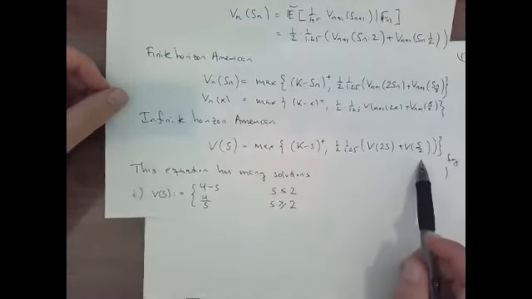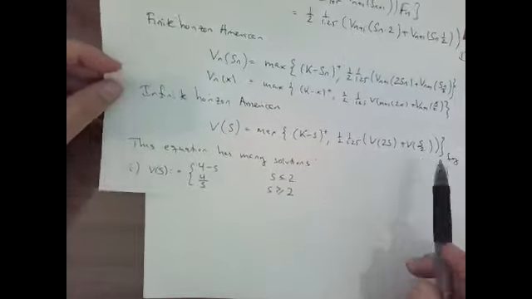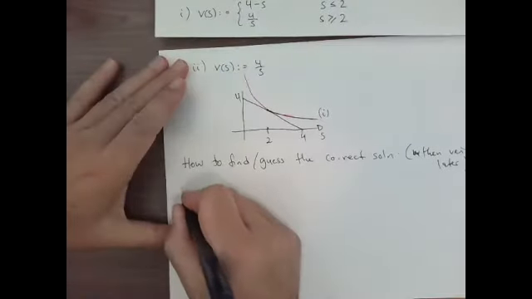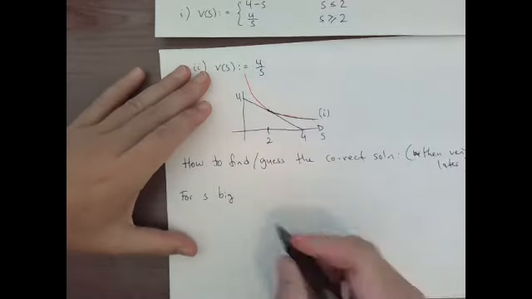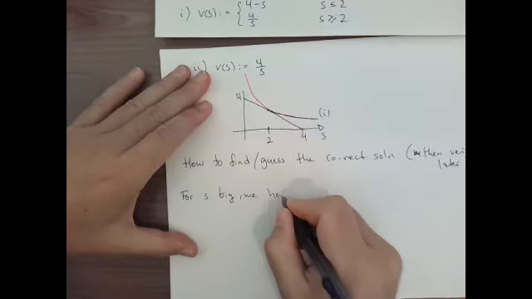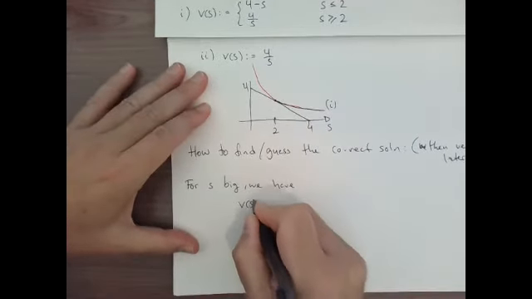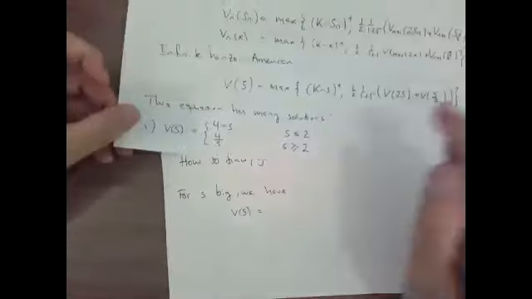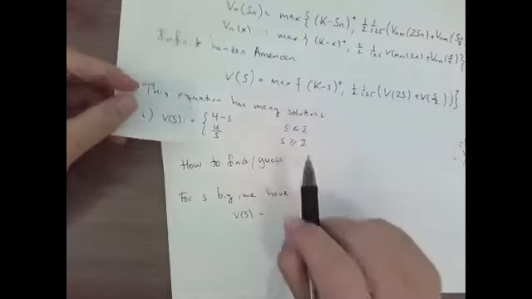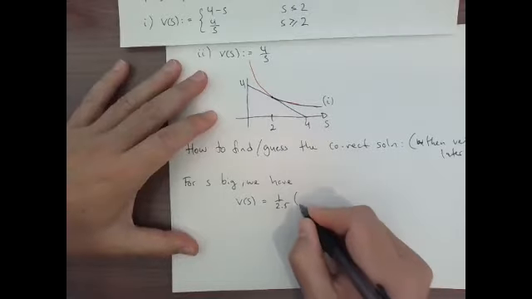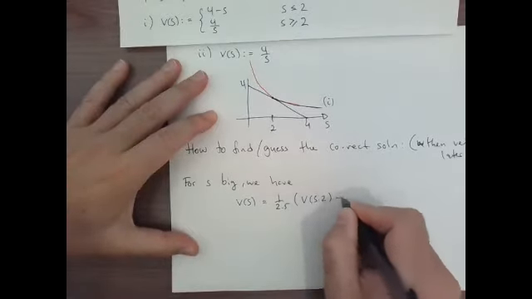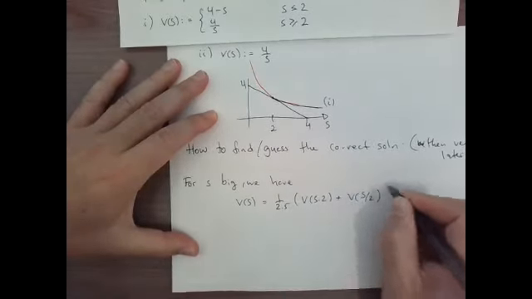When you're far out to the right, you're not exercising. So for S big, V of S is going to be the second term. So this is 1 over 2.5, and then V S times 2 plus V of S divided by 2.